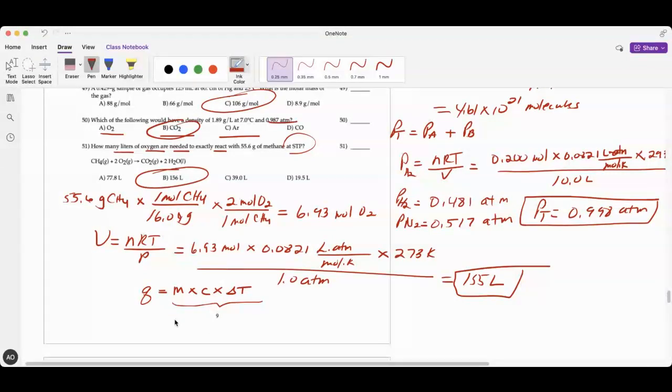Both the water and the calorimeter are going to absorb heat from the combustion reaction, right? Because a combustion reaction is always exothermic.